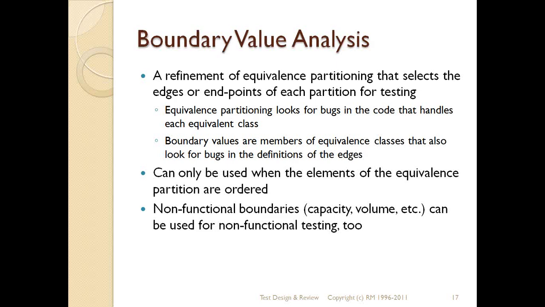There are typically 4 values that people will check: minimum, minimum -1, maximum, and maximum +1. Again, taking that age example, 1 and 100. So my boundary values become minimum, which is 1, minimum -1, which is 0, max 100, and max +1, 101. So 0 should give me an invalid output or error or something. 101 should give me an error, while as 1 and 100 both should pass.